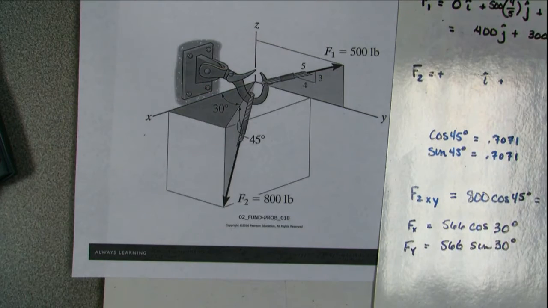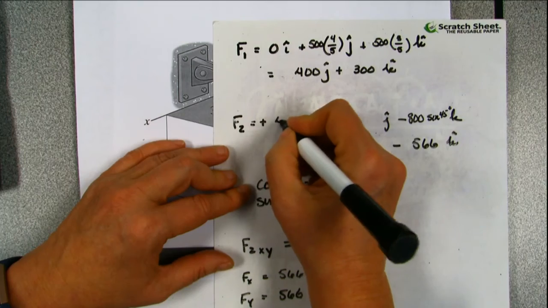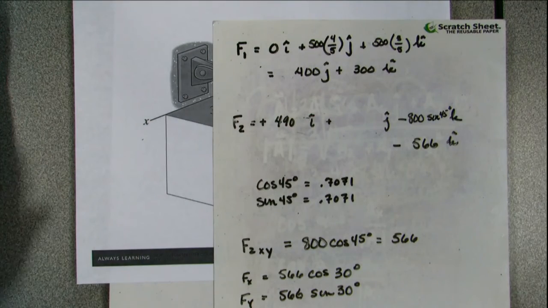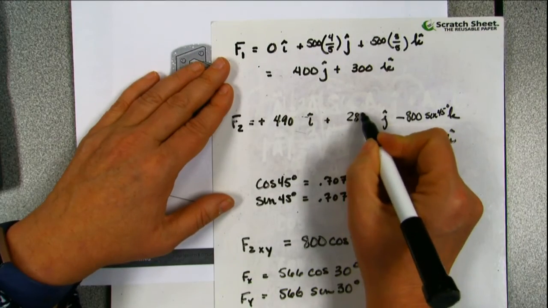So if I do that, 566 times cosine, that works out to be about 490. And then 566 times sine, that works out to be 283.